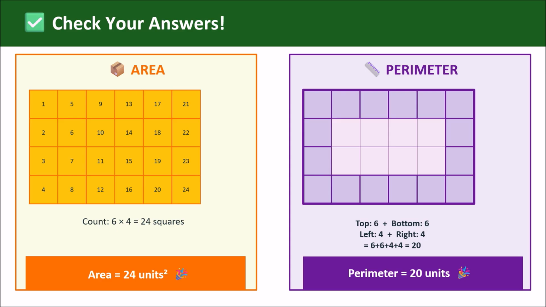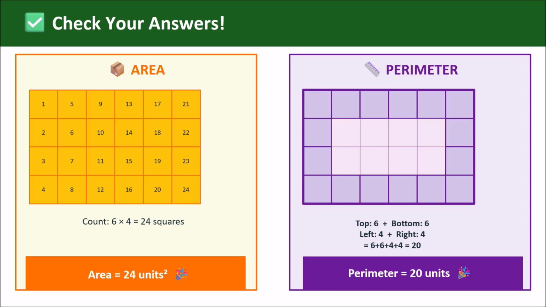Welcome back, Explorers. Let's check your working together. First, the area. Let us count all the yellow squares. 1, 2, 3, all the way. We have 24. Am I right? And you can also use the formula 6 times 4 gives 24 square units. Did you all get that correctly? Next, the perimeter.